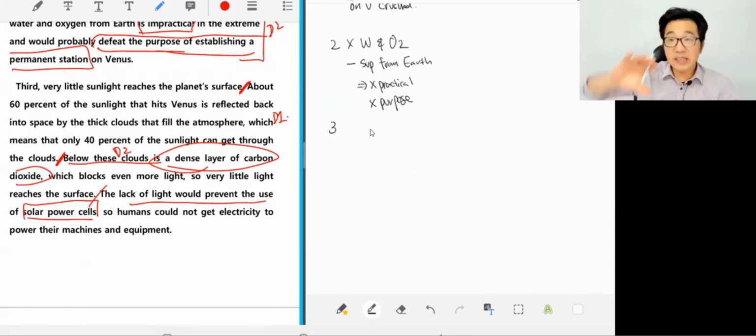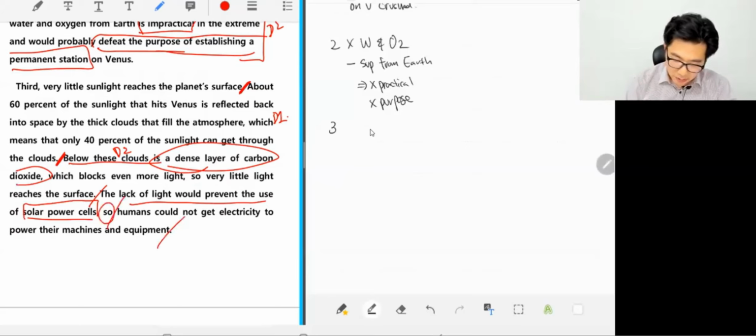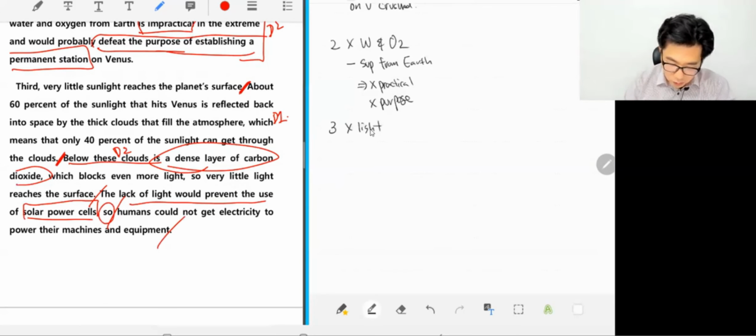Okay, so if I synthesize a little bit, you don't have to, but I'd like to, because that's like a conclusion. So, not much light for humans to get electricity to power our machines to live.